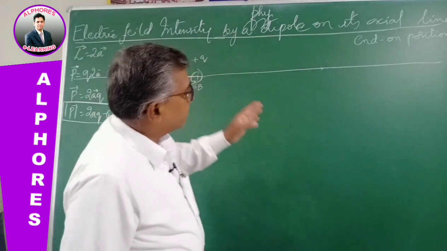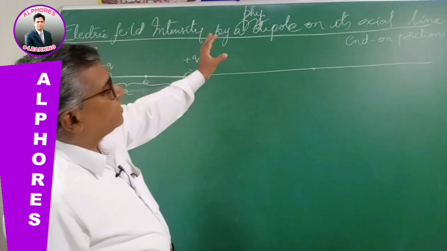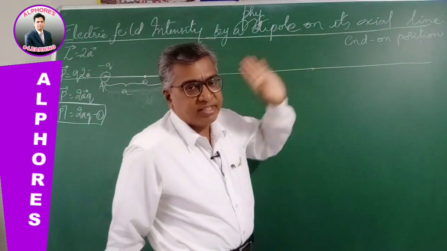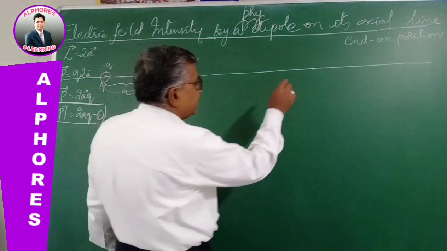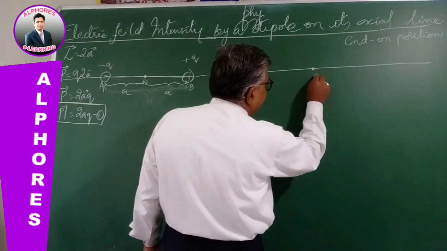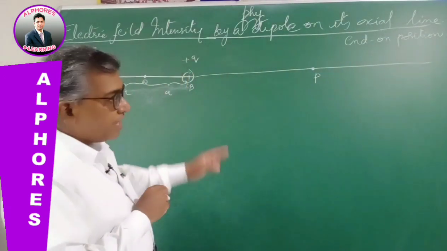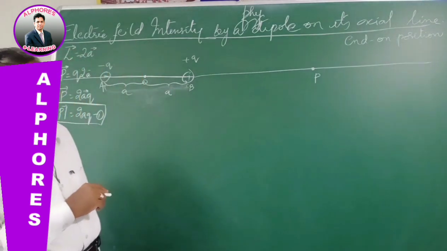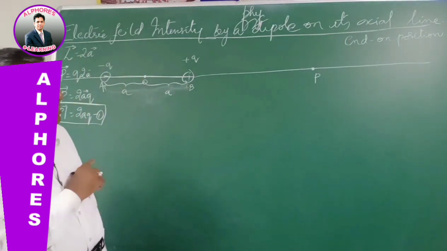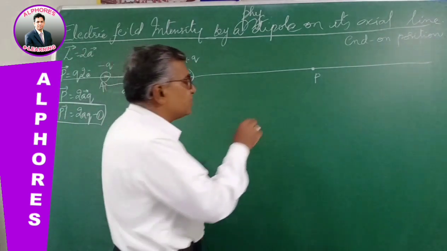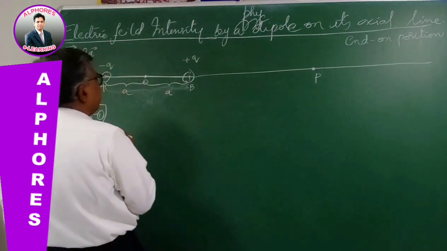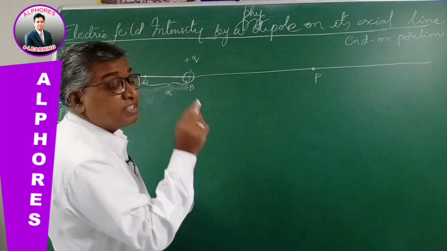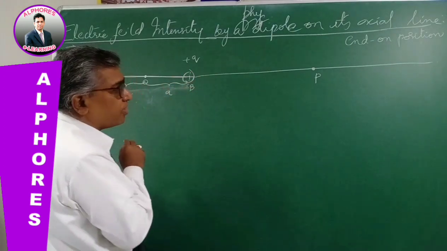Now, our main intention is to find the electric field intensity at a point on the axial line. Imagine a point P on the axial line, where I have to find the electric field intensity. So consider point P on the axial line of the electric dipole, right? Now the distance of the point from the dipole.